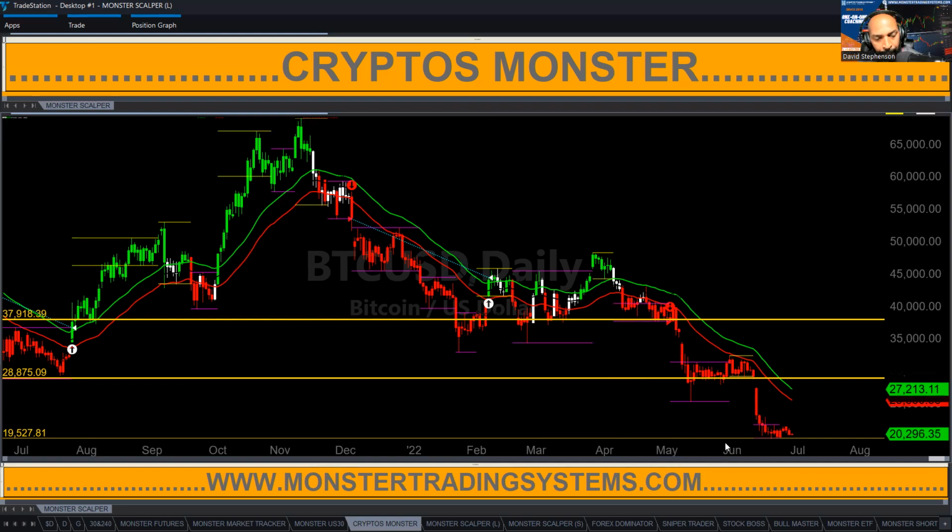Right now we've got support here at 19,500 for Bitcoin. Currently it's at 20,297. We have no buyers coming in, no green candles like here.